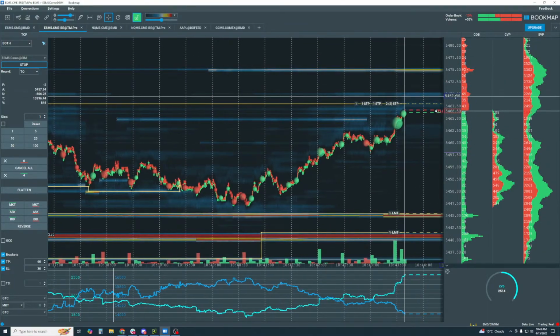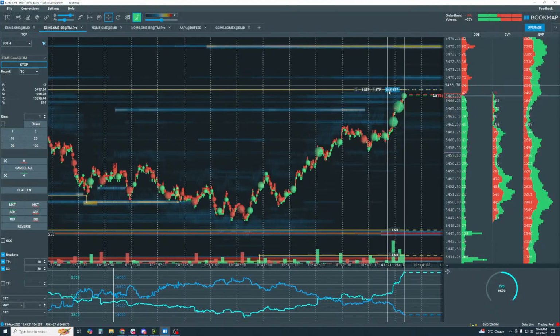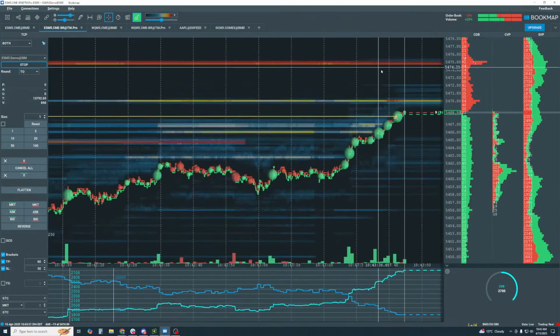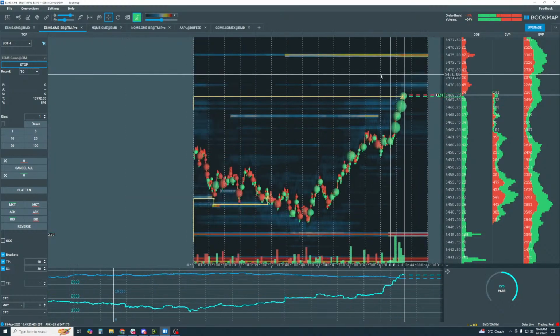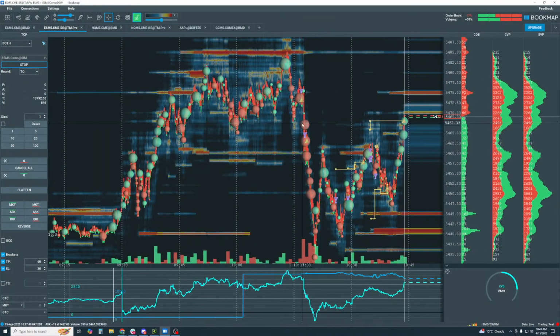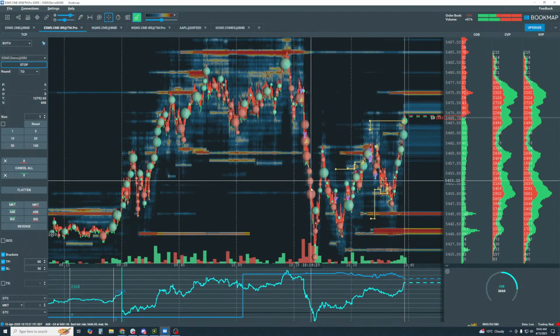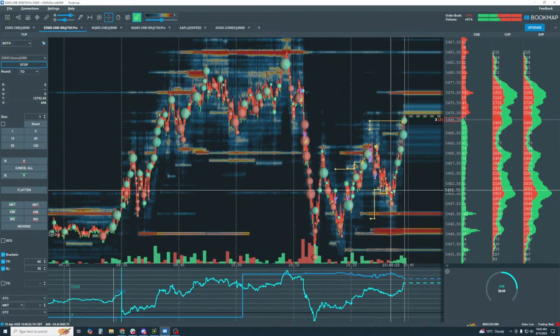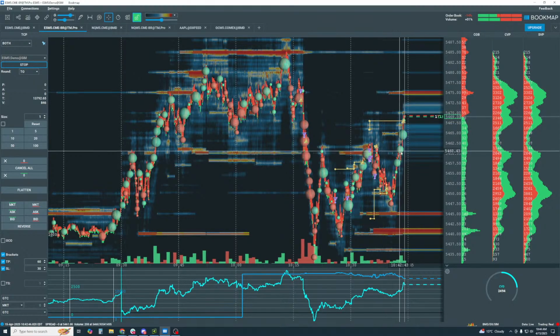Unbelievable. Wow. Should I even move my stop? Okay, so we're stopped out on that. Okay, that's unfortunate. This is kind of nutty price action after a big move down. We had the right idea in here. We got out of some, but we got stopped out on quite a few.